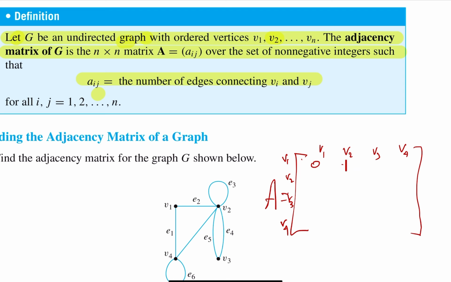Got it? Now V1, V3. Check V1 here and check V3. Is there any connection? No. That's why we just put 0. There is no edge, so we just put 0 here.